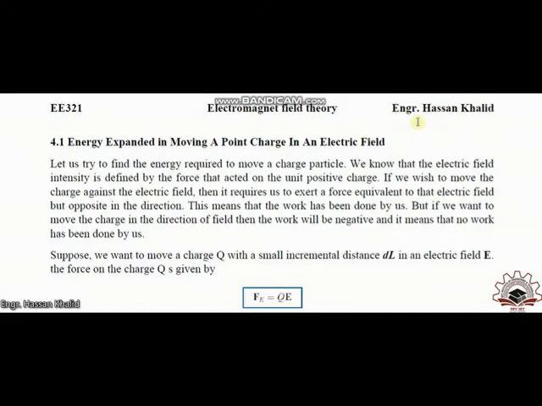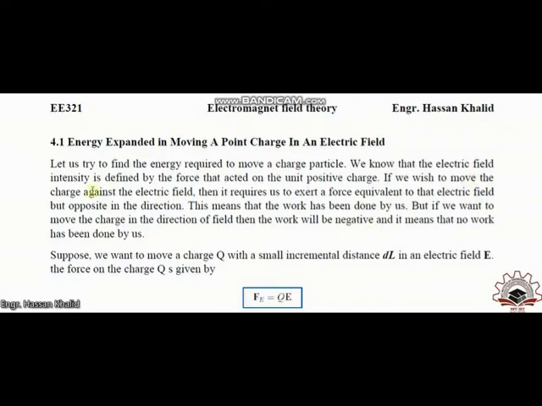So let's begin from the basic definition of electric field intensity, which is defined as the force acting on a unit positive charge in an electric field. We can write this in terms of force: the force exerted on a charge in the electric field is equal to the product of charge and the electric field itself.